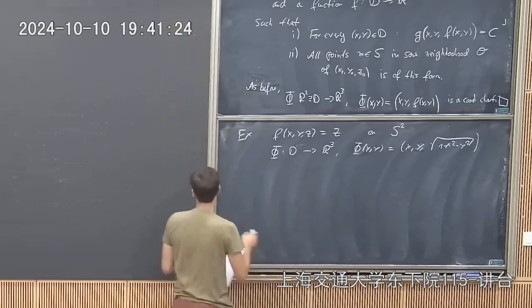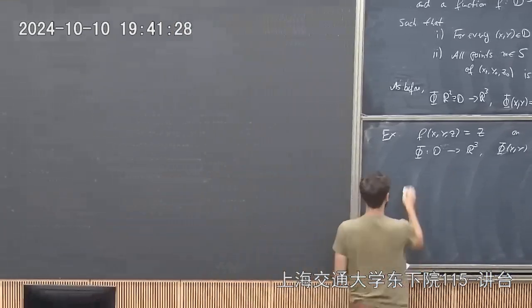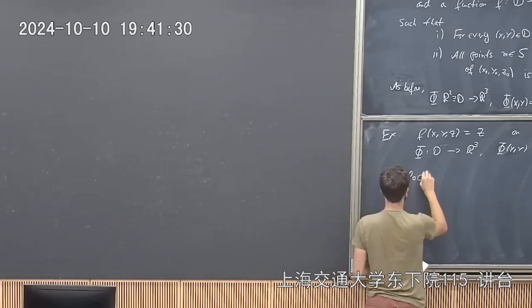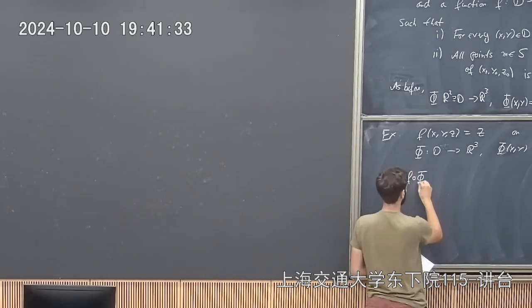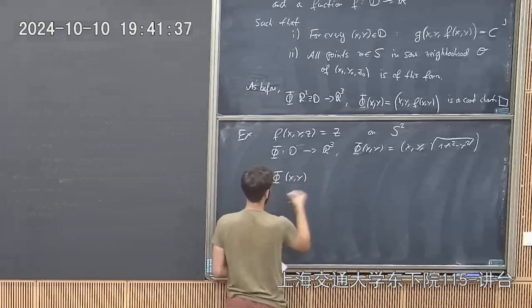That was our chart. So what we have to do is pre-compose that with F. We look at this composition, where we first go to the map phi, and then plug that in F.